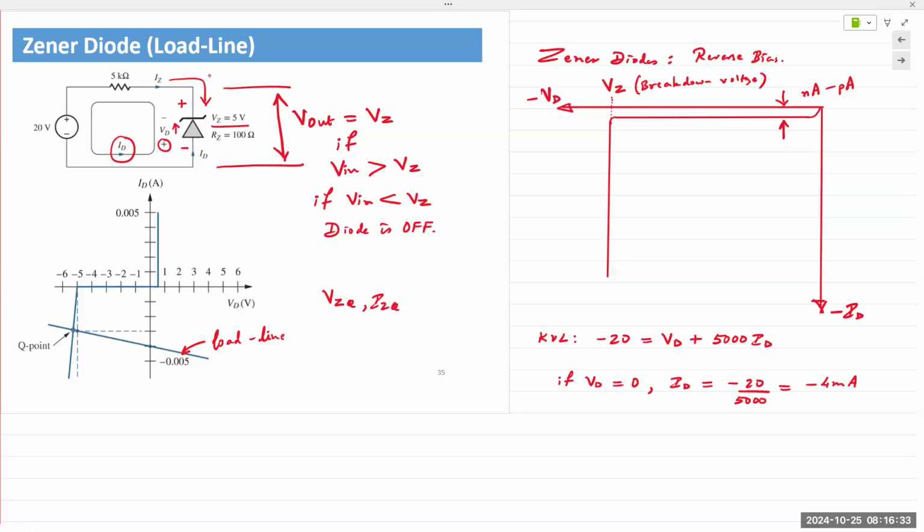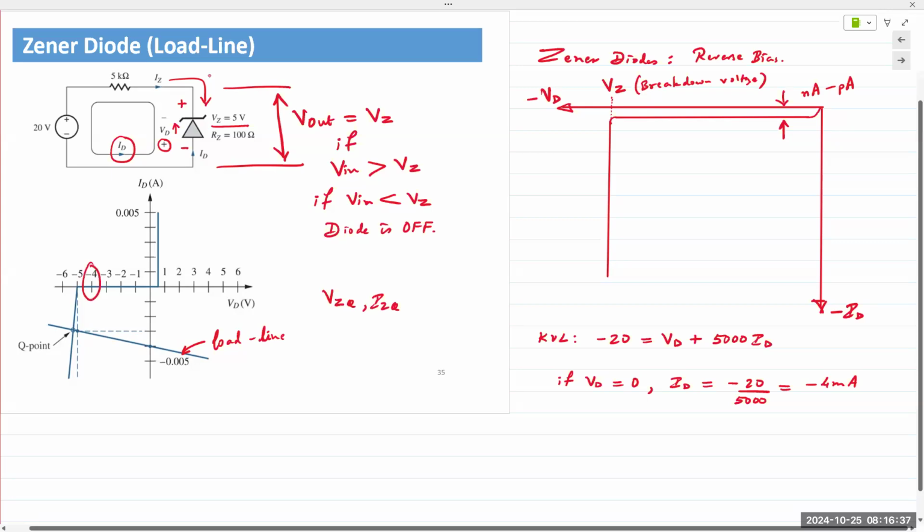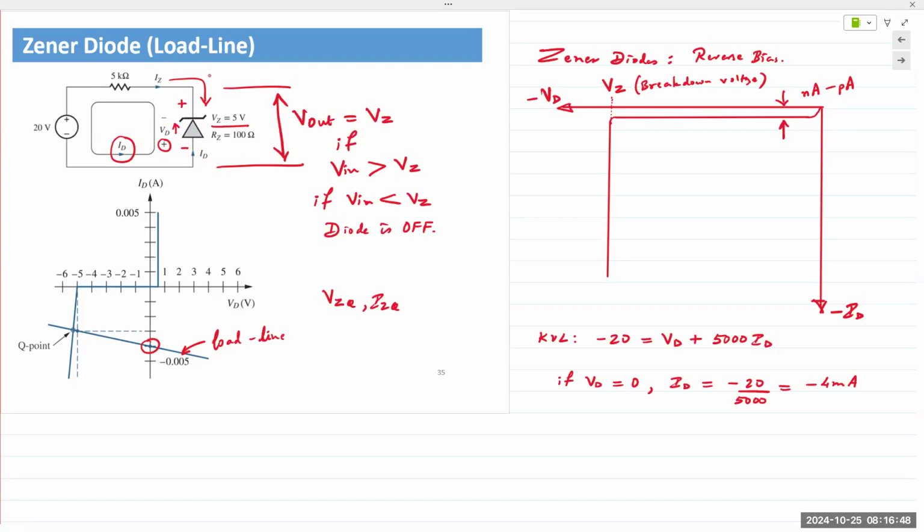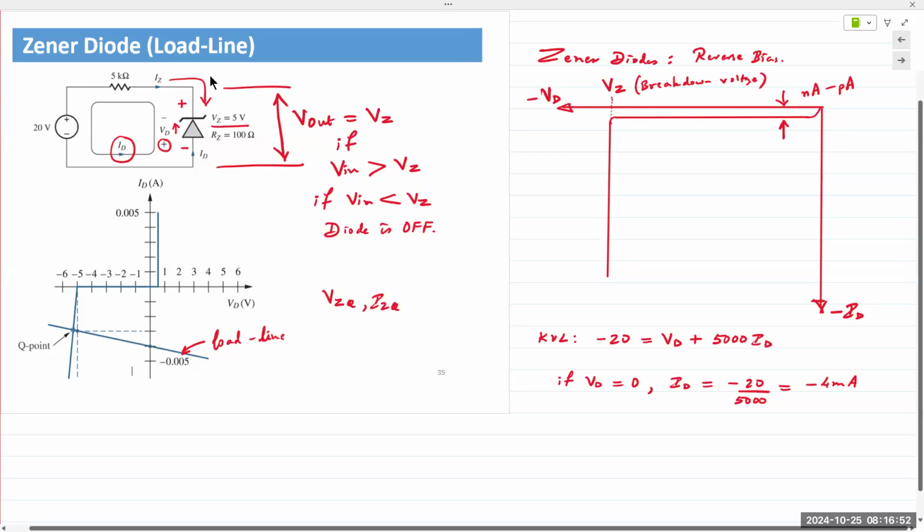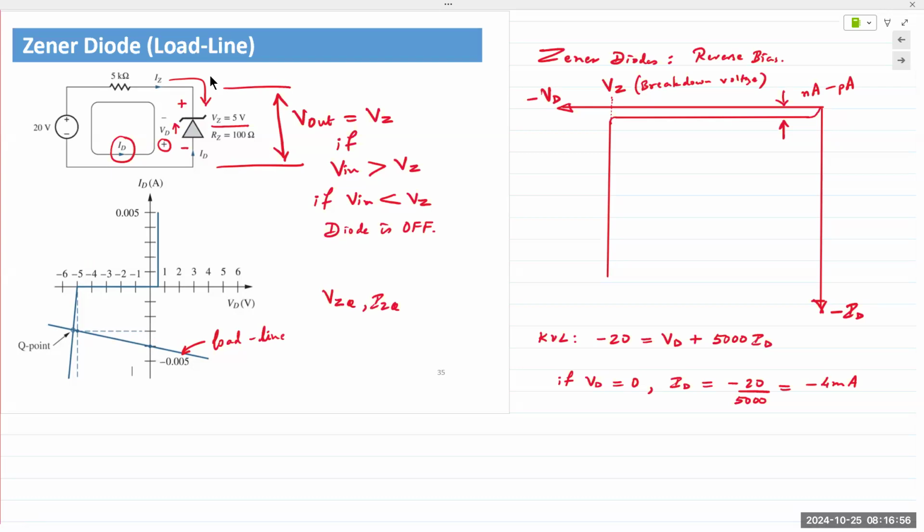And we see that it still falls within our range right there. Minus 4 milliamps. So we obtain a value for ID on the y-axis. So far, so good.